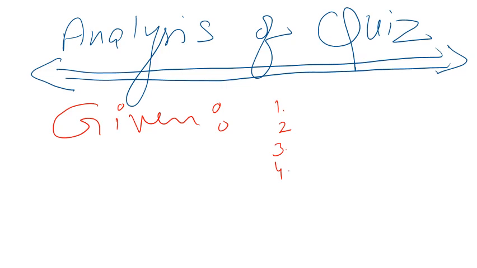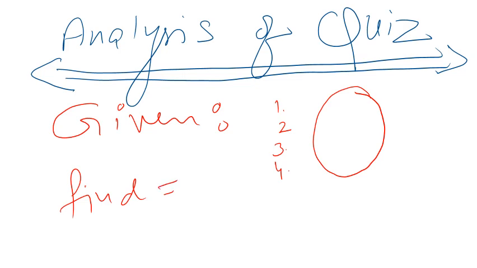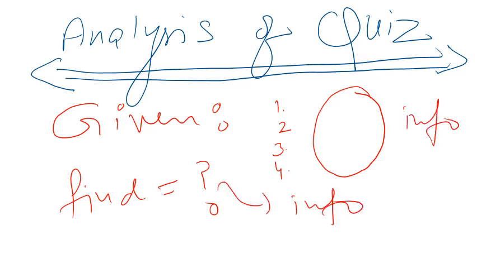Now after getting all the given information, you write what you have to find, what the question is saying to find. Now on the basis of this information and what you have to find, you think: what is the relation between the given data and the parameter you have to find?